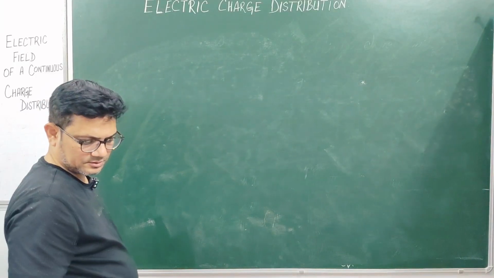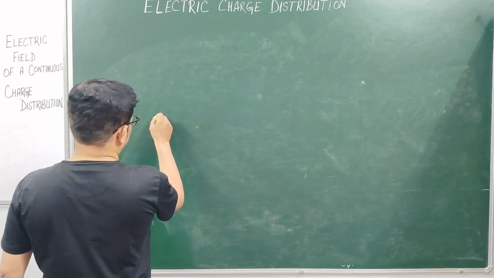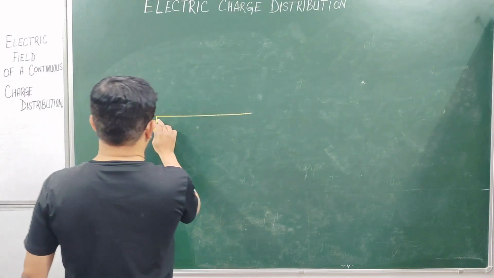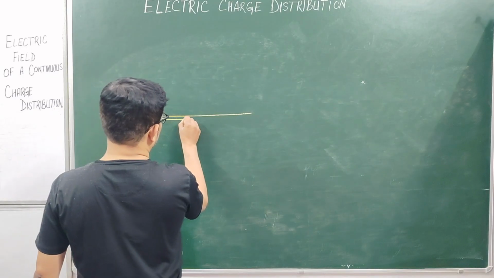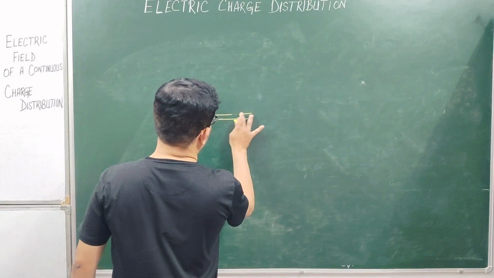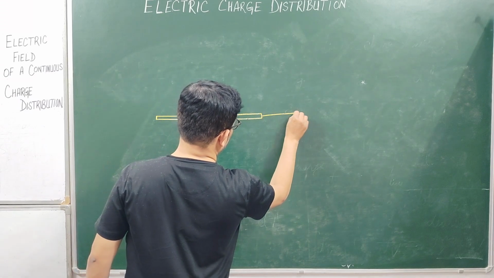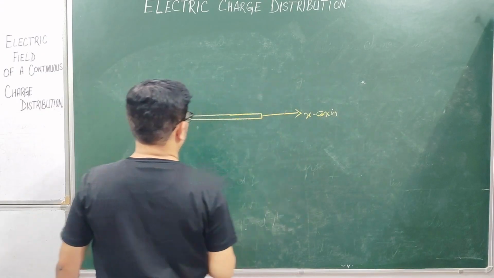So let us see, suppose you have a rod, and this thin rod, which we are considering a one-dimensional object, is placed on the x-axis.